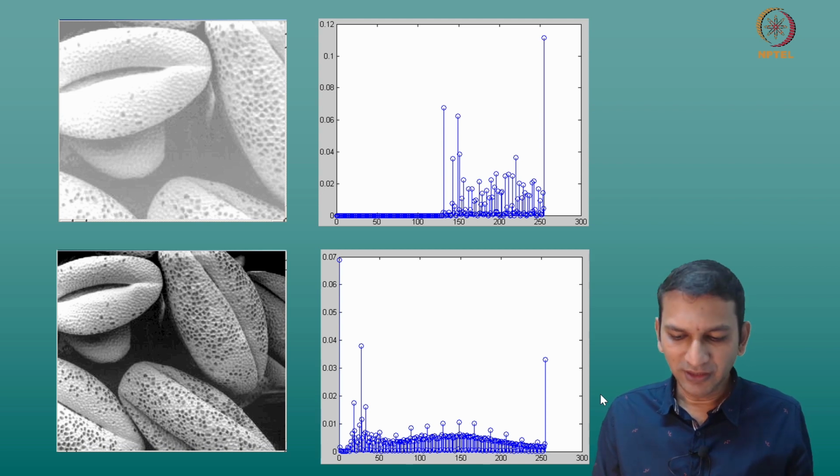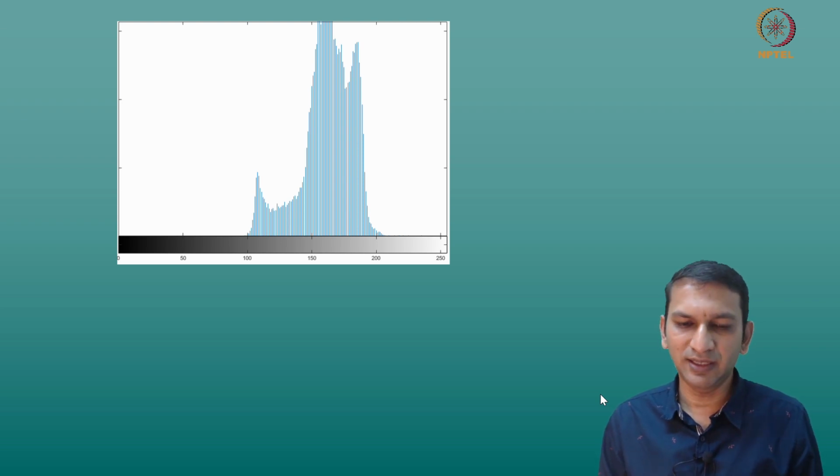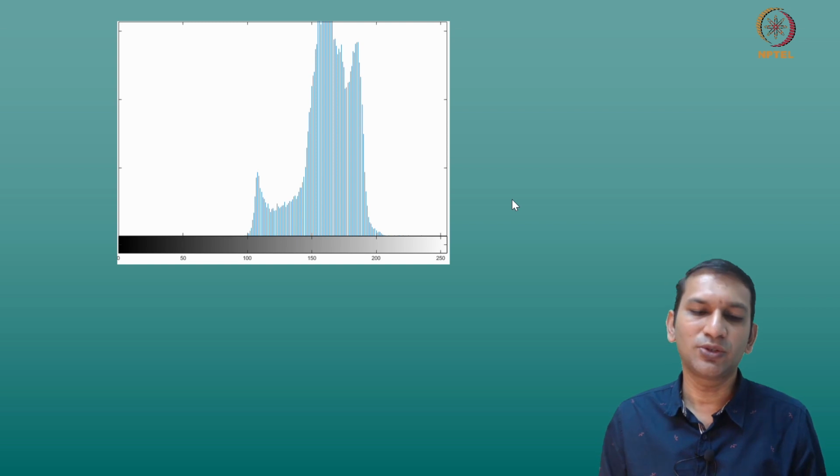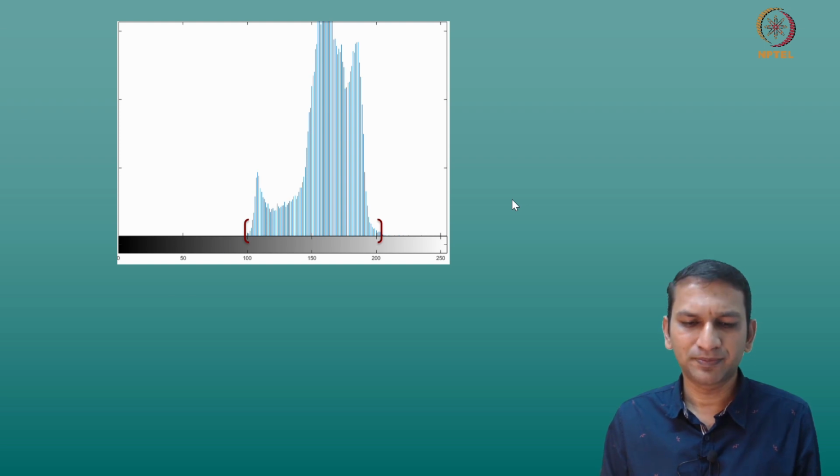So taking cue from this, given an image, we look at the corresponding histogram of pixel intensities. Let's assume this is the histogram of pixel intensities for a given image. We find the dynamic range of this histogram. By the dynamic range, we mean the pixel intensity values that are actually assumed in the image.